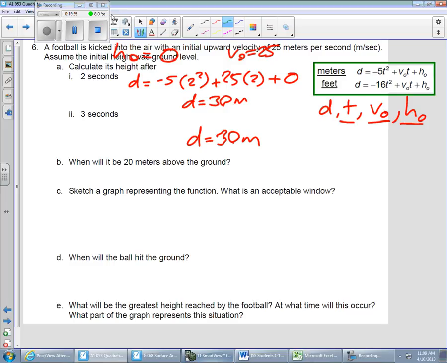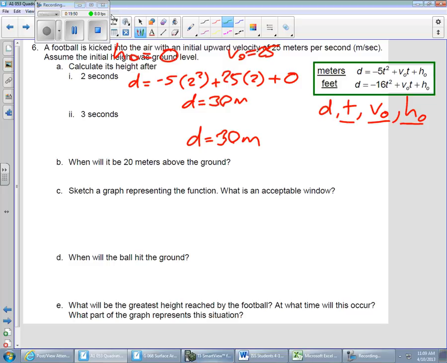Well, once again, we can only solve for one variable. And it really doesn't matter which variable it is. We will plug in what we have, we will plug in what they're asking, and we will see what we are left over with. Using the formula, this time they provided us with 20 meters. They gave us distance this time, and the question is when, which is time.